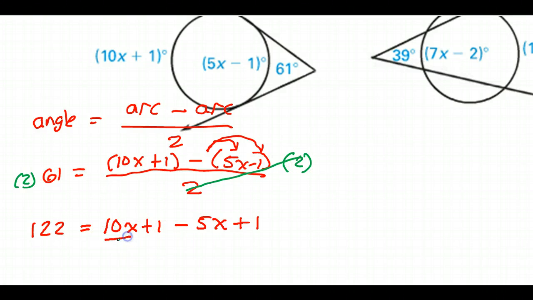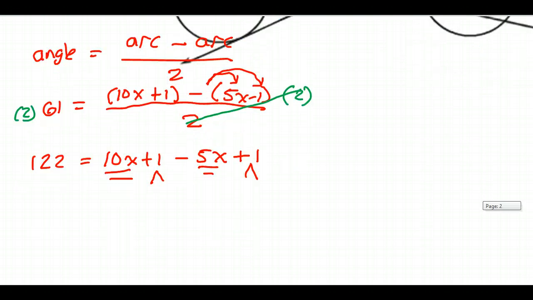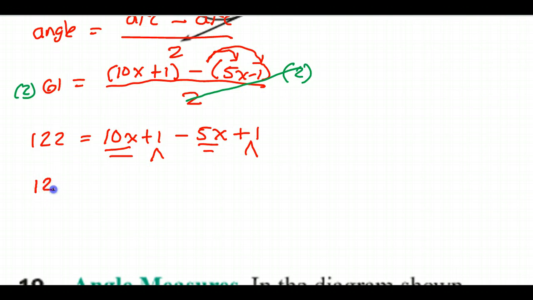Let's combine like terms. The 10x and the negative 5x are going to go together. And the positive 1 and the positive 1 are going to go together. So that's going to make 122 is equal to 5x, 10 minus 5, plus 2. Hopefully now it's looking really simple.